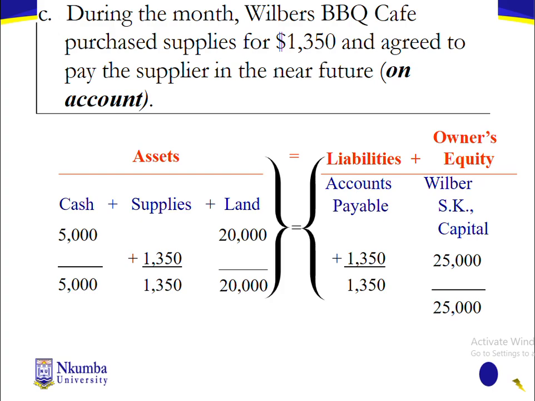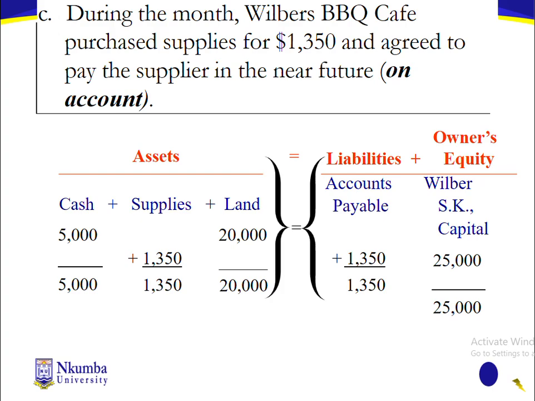And then there is another account called accounts receivable. The accounts receivable is an account on which all goods sold on credit are recorded. So for this case, if we purchase supplies on credit, we are going to have a liability because we are purchasing on credit, and this liability will be recorded by registering it in accounts payable.